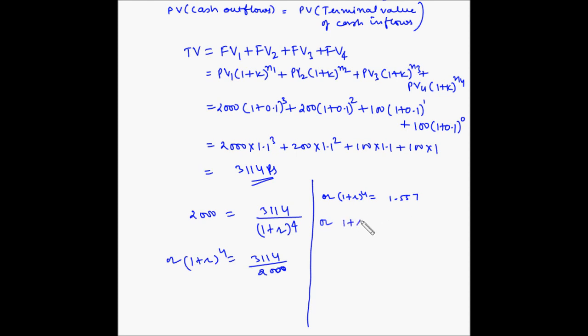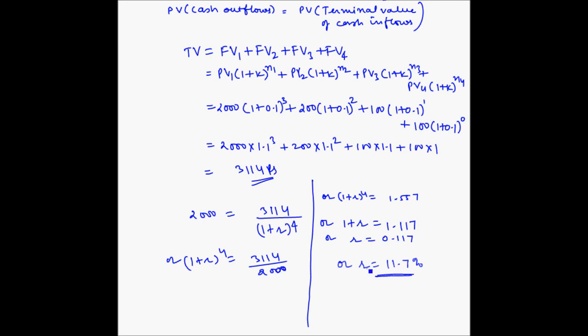So 1 plus R is equal to 1.117, or R is equal to 0.117, or R is equal to 11.7%.